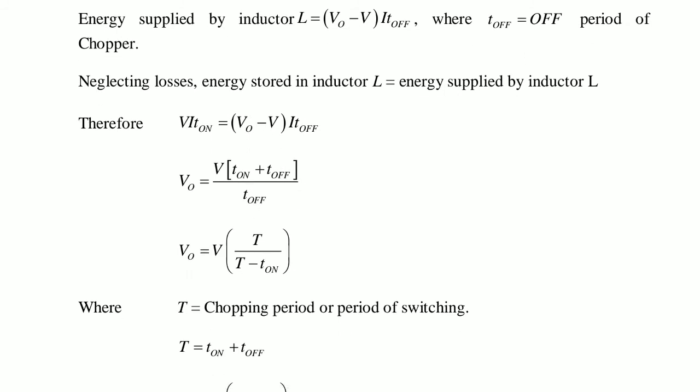Therefore, from the expressions, the total output voltage VO is equal to V into T upon T minus T on, where T is the time period or chopping period of switching, which is the summation of T on plus T off.